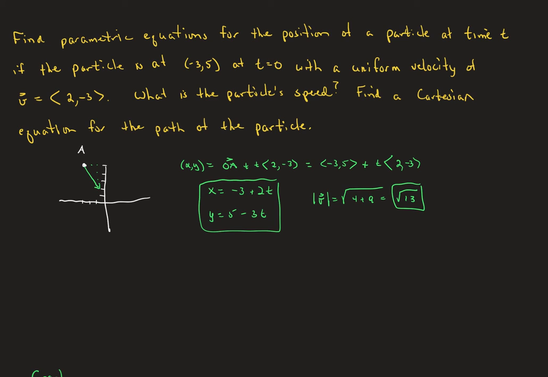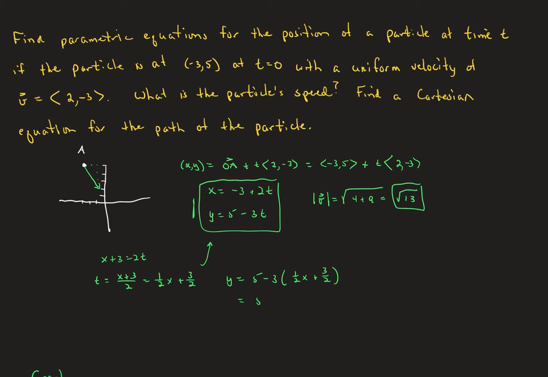The Cartesian equation for the path means we're going to eliminate the parameter here. Adding the 3 to the other side and then dividing by 2 gives t equals x plus 3 over 2, or if we like, 1/2 x plus 3/2. We can plug that into the y parametric equation and get 5 minus 3 times 1/2 x plus 3/2.